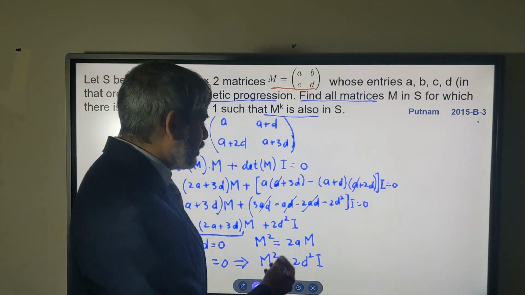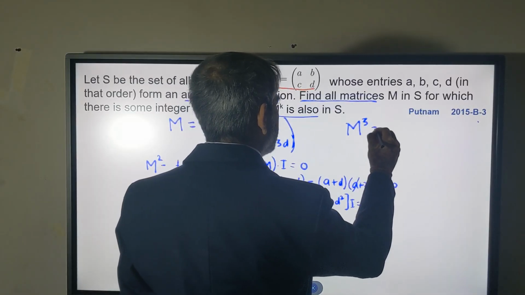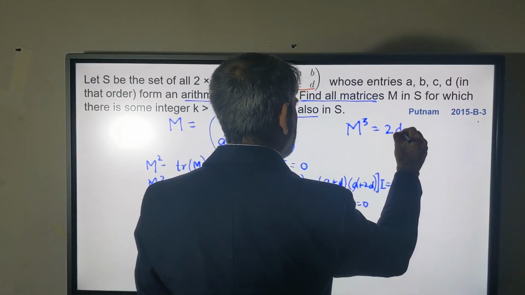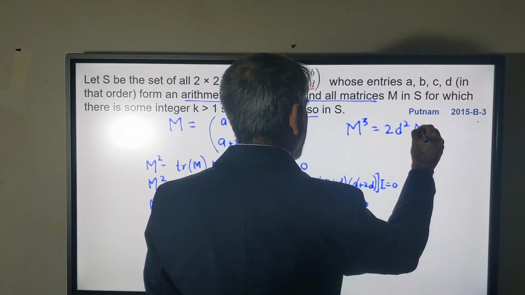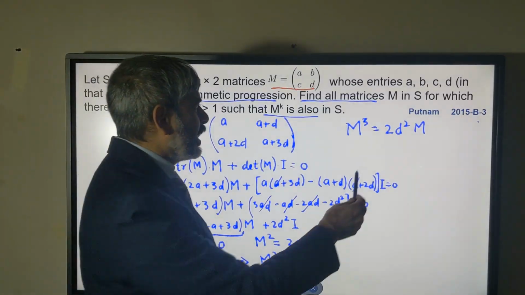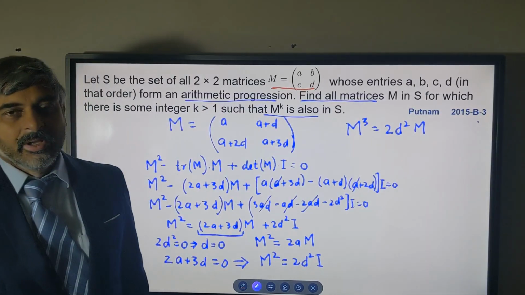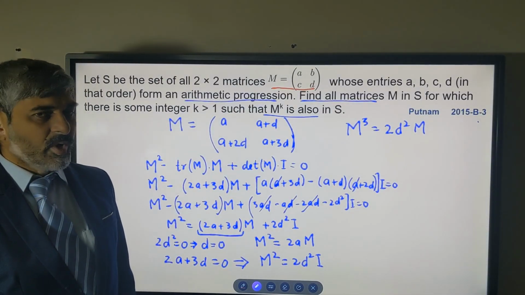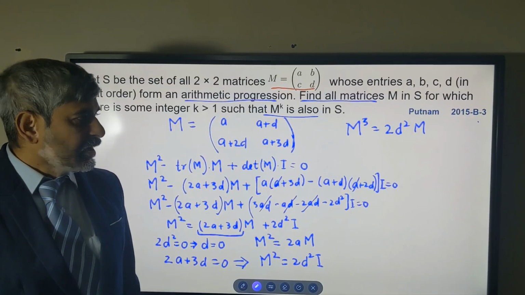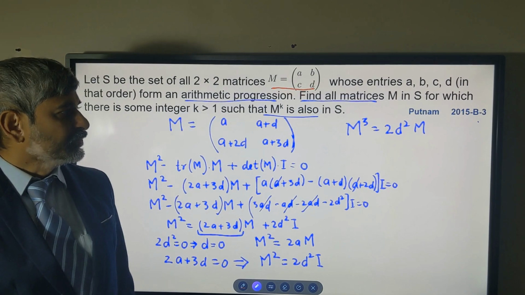So for that matter, if I multiply this equation by M, I get M cube is equal to 2d square multiplied by M. And now, because M has elements in AP, if I multiply this by this constant 2d square, those elements are also going to be in arithmetic progression.